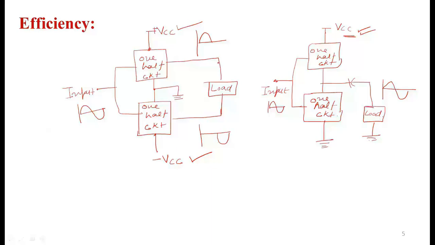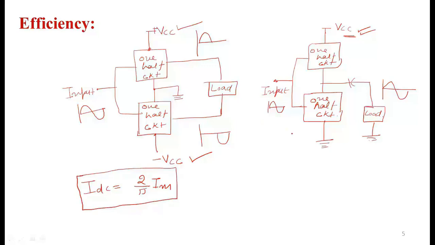In either case, the value of average current drawn can be expressed as IDC is equal to 2 by pi into Im. Here we can see that this is the average or DC current which is flowing through the power supply.